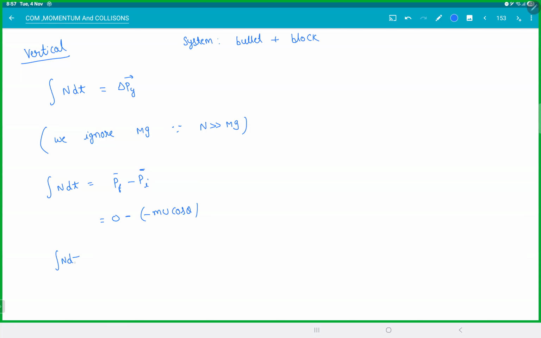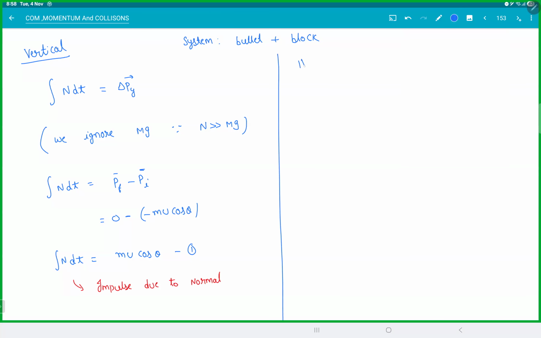Don't worry about the integral sign, we're not going to integrate anything. Integral N dt is mu cos theta. What is impulse? Change in momentum. So this is the change in momentum because of the normal reaction from the ground. This is the impulse due to normal. Perfect, this is the vertical part.